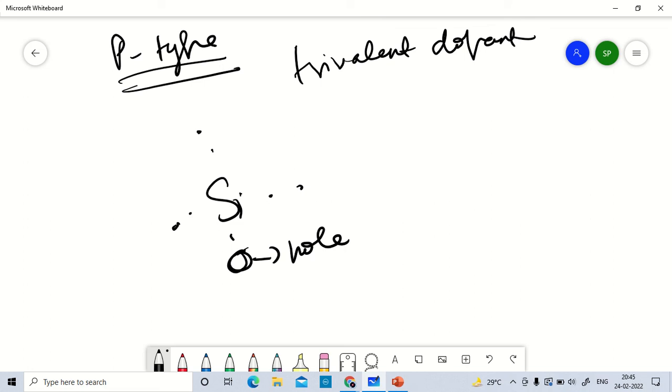Note that the trivalent foreign atom becomes effectively negatively charged when it shares the fourth electron with the neighboring silicon atom. Again, let's read this. Since the neighboring silicon atom in the lattice wants an electron in place of a hole, an electron in the outer orbit of an atom in the neighborhood may jump to fill the vacancy, leaving a vacancy or hole at its own site. Okay, so the silicon atom now, it's really sad. It needs to be bonded.